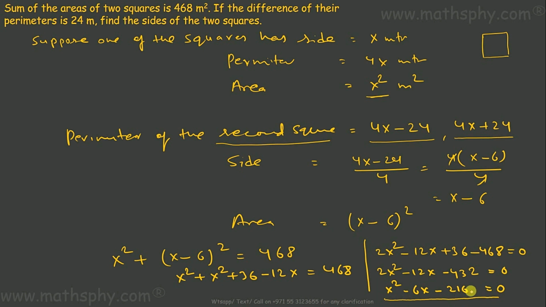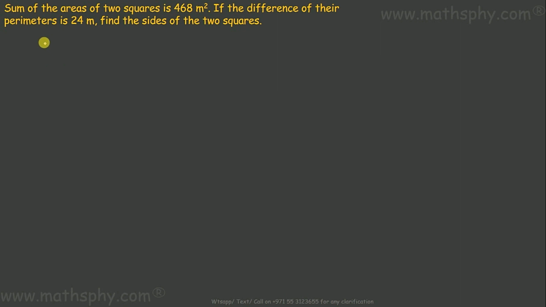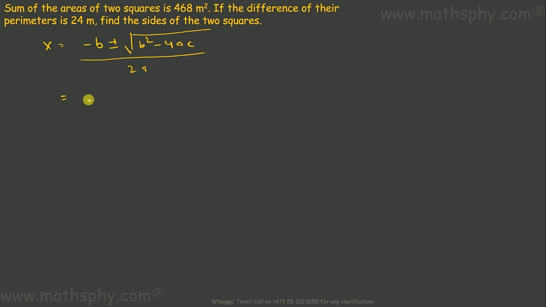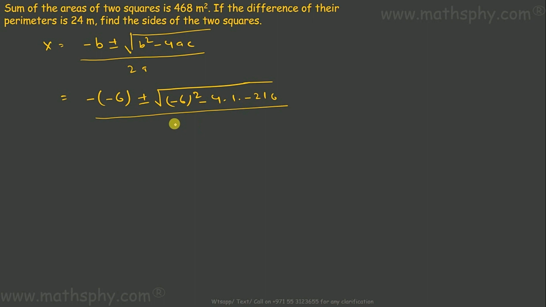Now this is the equation here. We can solve it through quadratic formula. So x would be minus b plus minus root b square minus 4ac over 2a. Here a is 1, b is negative 6 and c is negative 216. So negative 6 plus minus root negative 6 whole square minus 4 into 1 into negative 216 over 2a, means 2.